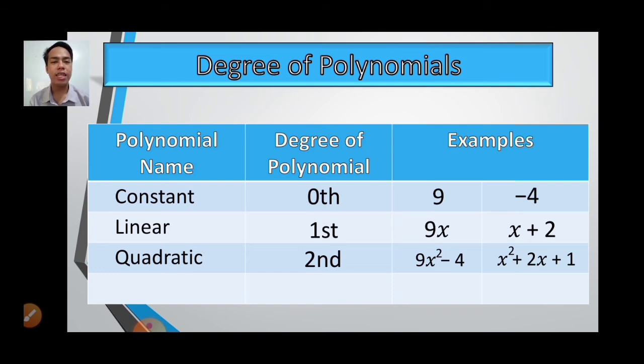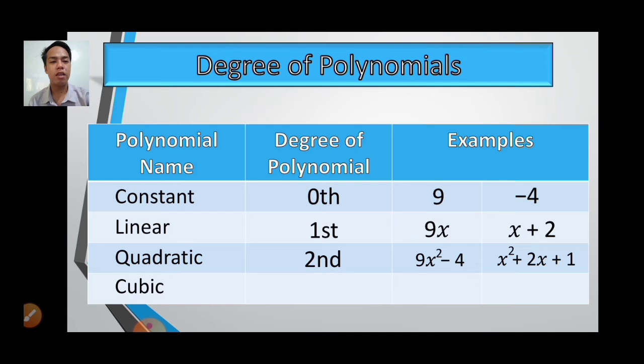The quadratic polynomial name, meaning the exponent is 2. Quadratic, 2. 9x squared minus 4, the given expression has an exponent of 2. Same thing with the second, x squared plus 2x plus 1 has an exponent of 2, meaning quadratic, and the degree of polynomial is at second degree.